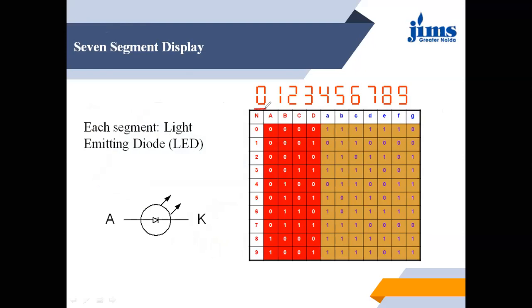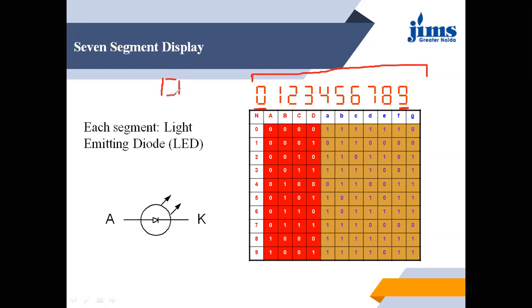We know that there are 10 numbers in decimal, that is 0 to 9. So when we have to make a display in such a way, then we can use this type of display.